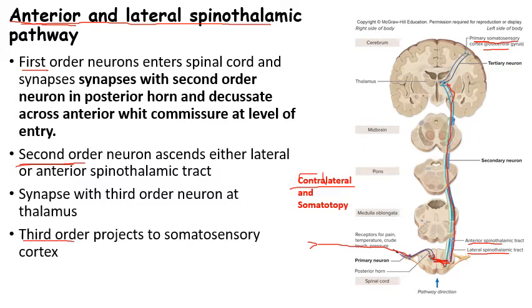So all your sensory information, except for olfaction, smell, is going to go through the thalamus. And that is where the second order neuron is going to synapse with the third order neuron. And then the third order neuron ultimately brings the sensory information up to wherever it needs to go in the somatosensory cortex. Okay, so that is your pathway there.